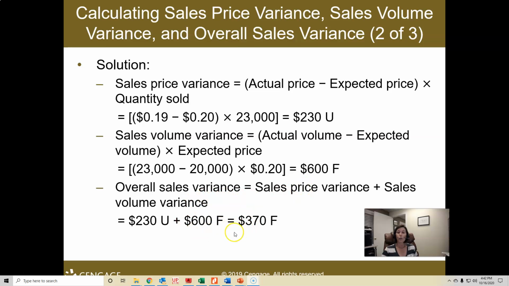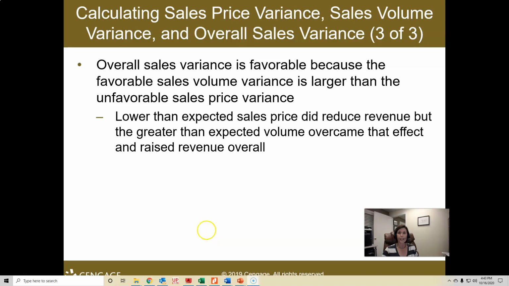And then overall, if we look at these two factors and we combine those, so we're 230 short here, but 600 over here. Overall, we are 370 positive over what we had forecasted.